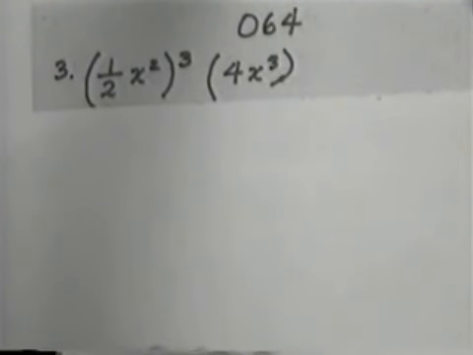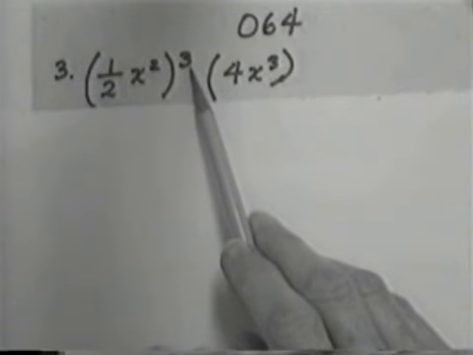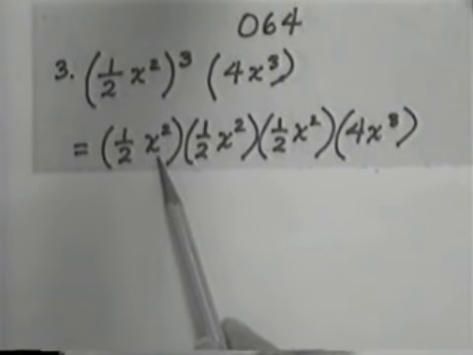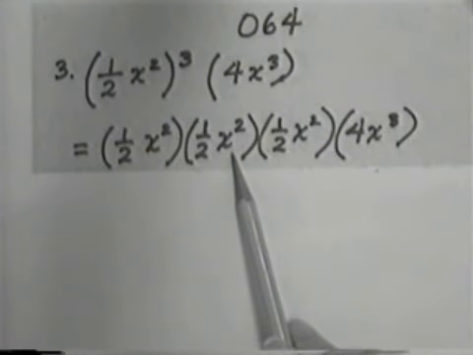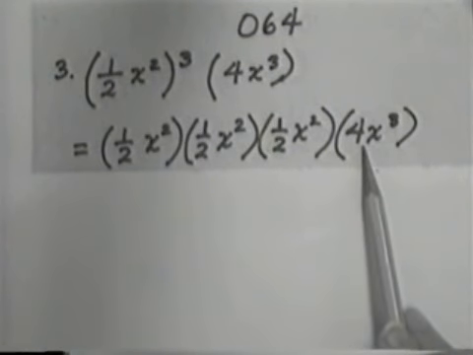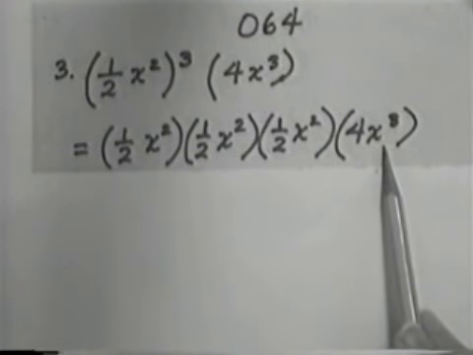Again, let's take the big picture and let this exponent 3 outside the parentheses tell us to write that expression 3 times. And so we get 1/2 x squared times 1/2 x squared times 1/2 x squared times 4x to the third.